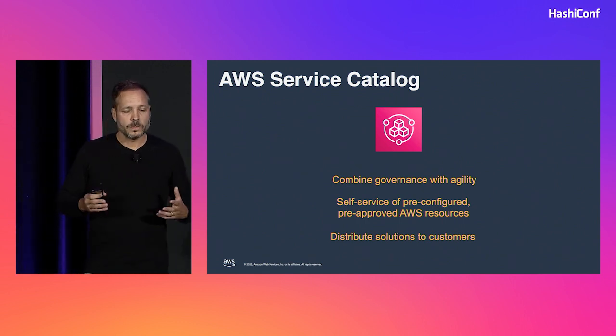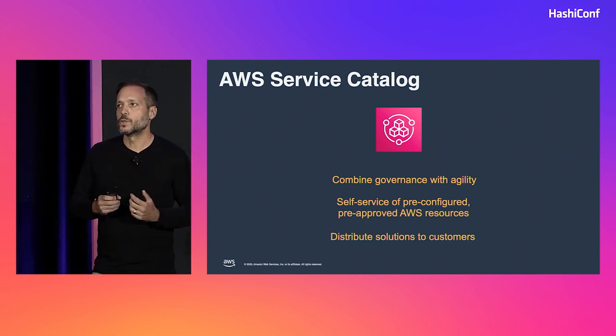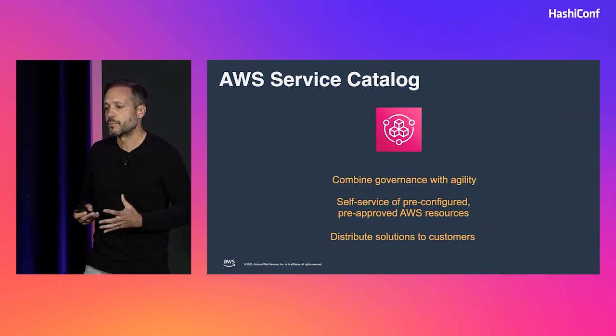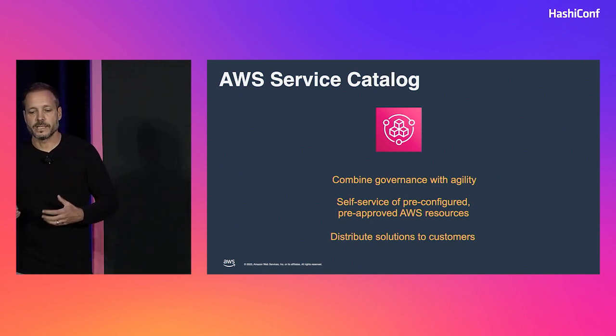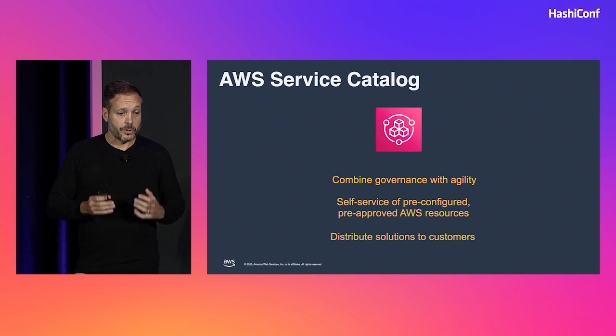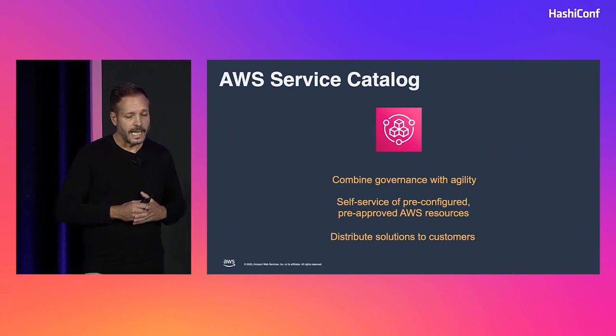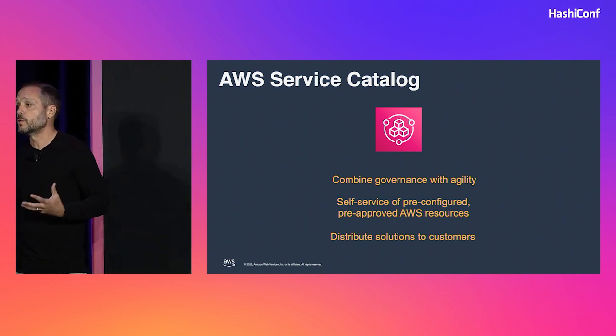And it's also challenging today to make sure that everything being provisioned in their environment is provisioned the way they want, right? And this is where Service Catalog comes into play.